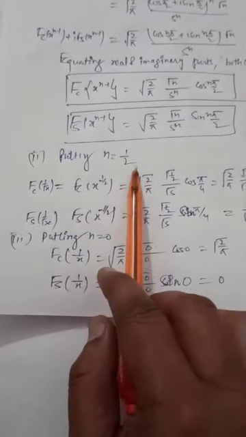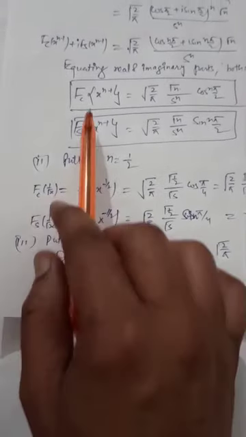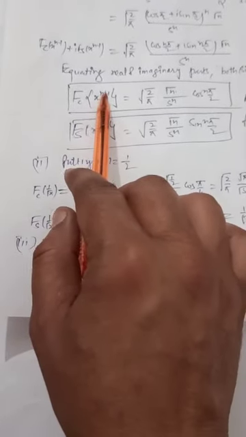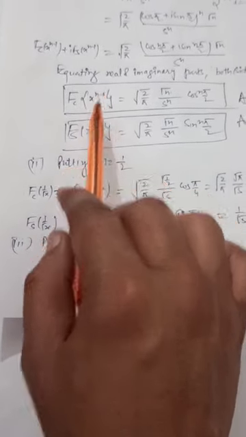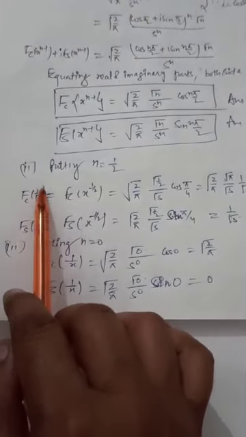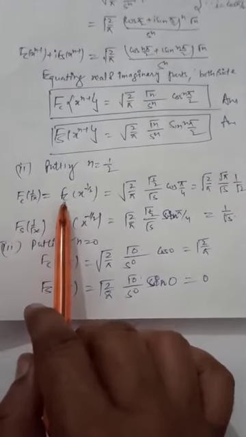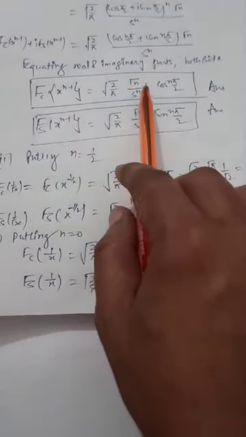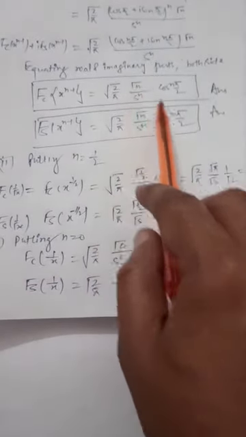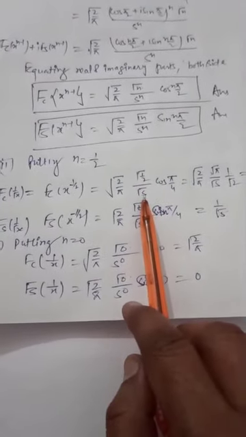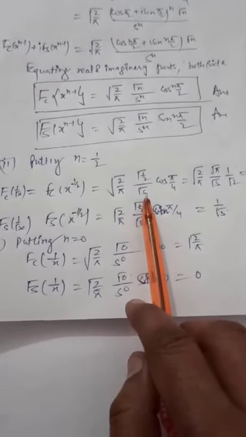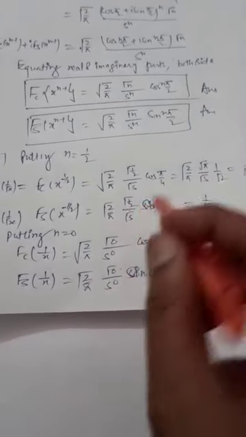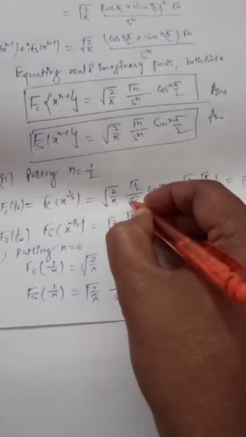Putting n equal to 1 by 2, here you will get minus 1 by 2, because 1 by 2 minus 1 by 2. Fourier cosine transform of 1 by under root x is equal to F_c of x raised to power minus 1 by 2, which is basically this, under root 2 upon pi, gamma 1 by 2, if you put here 1 by 2, then you will get under root s. So under root s, not gamma.